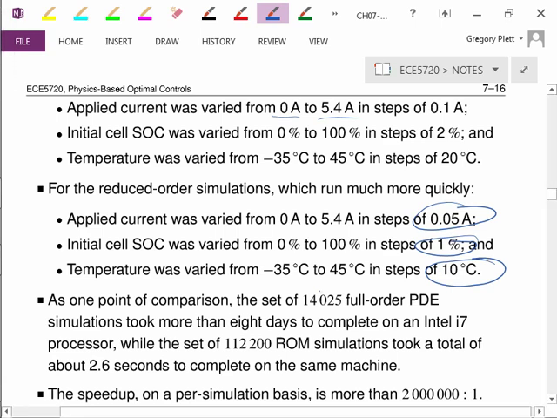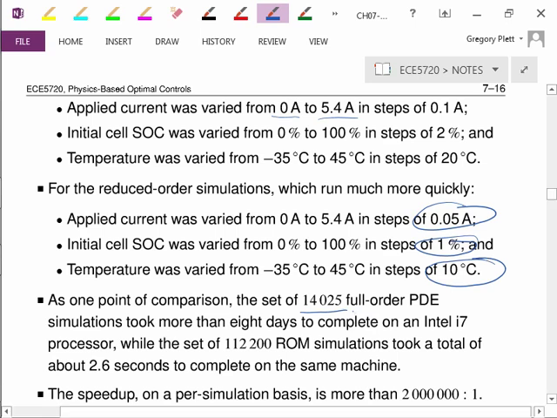As one point of comparison, there were 14,025 full order PDE simulations. And this was all automated. It was all done in COMSOL with MATLAB calling COMSOL 14,025 times. It took more than 8 days to complete on an Intel i7 processor, which is still a pretty modern processor.